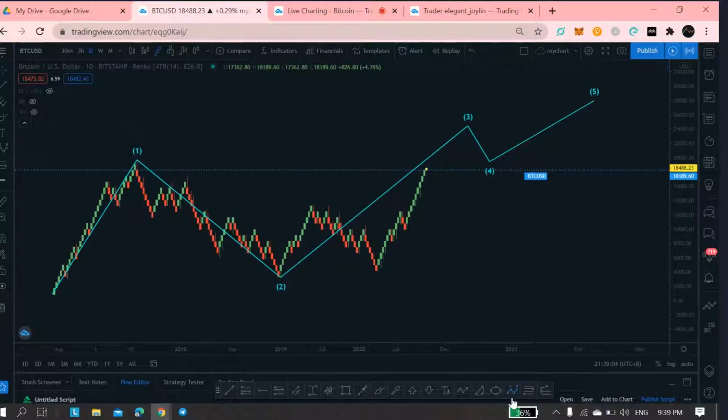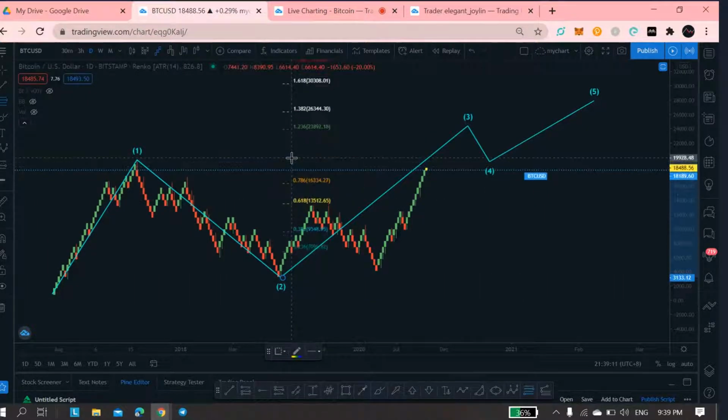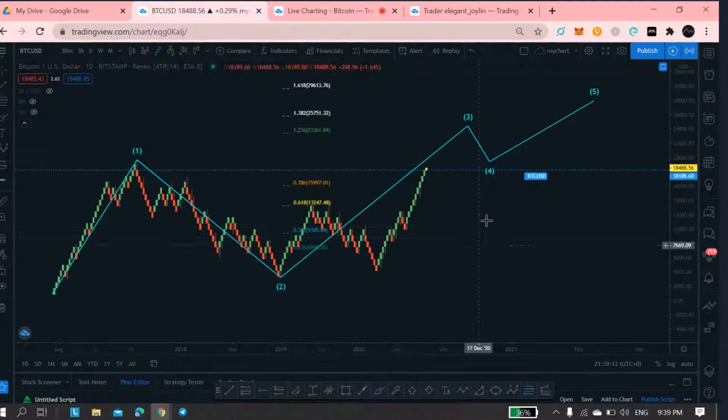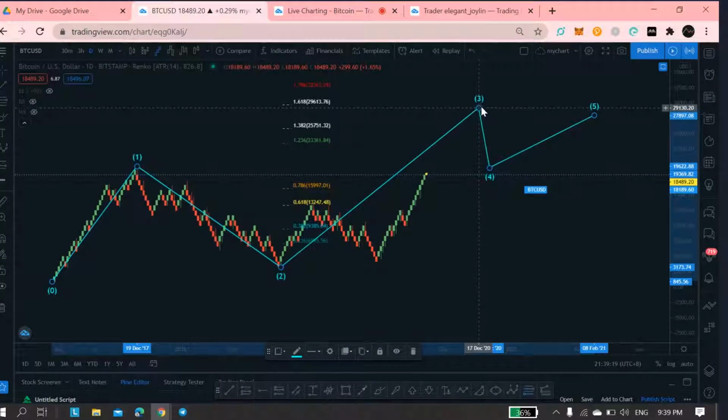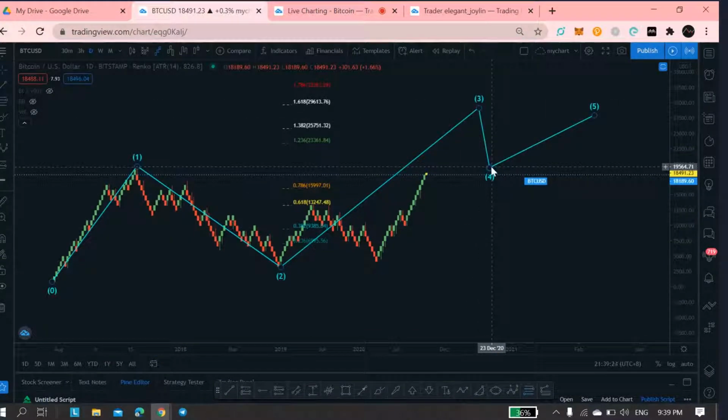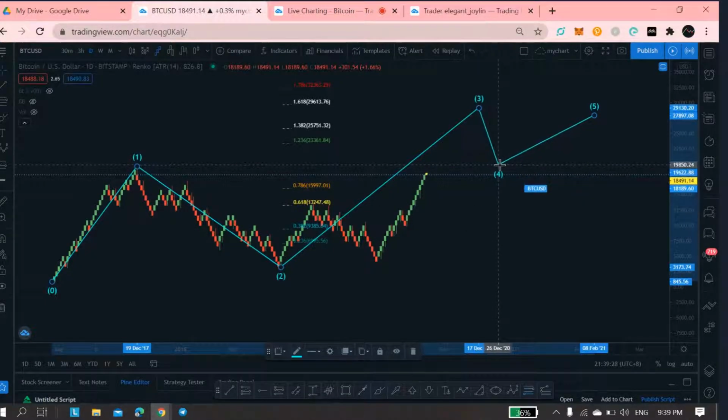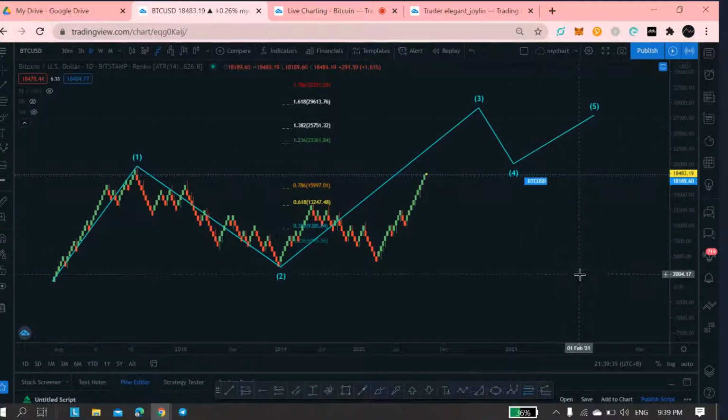So I'll use this. I will use the 1.618. This one should not go below this 20,000 or the high of wave 1. And then the wave 5.